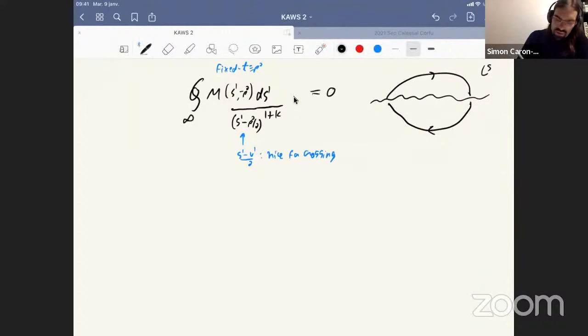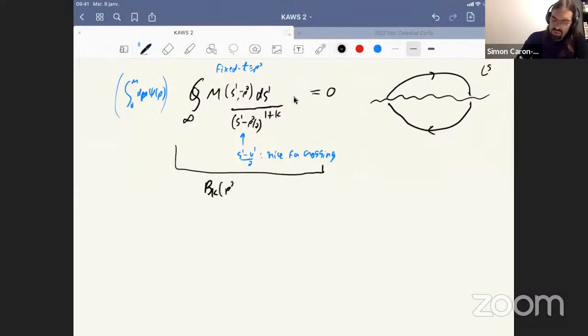And this is meant to give 0 after it's smeared, after integrating against these wave packets that have compact support and normalizable. Okay, I'm going to ignore these wave packets for most of this discussion and focus on this thing that I would call B_k of p square. That's a sum rule.